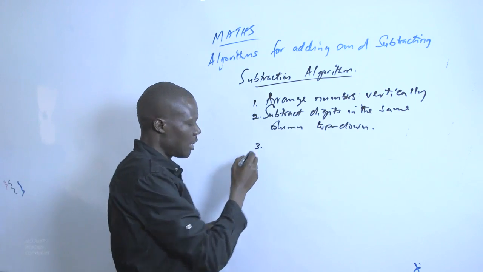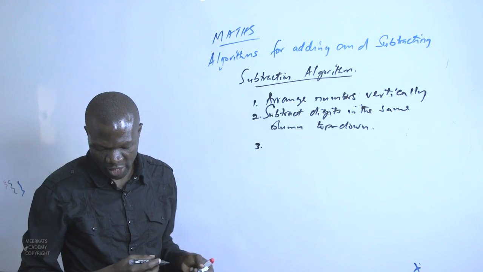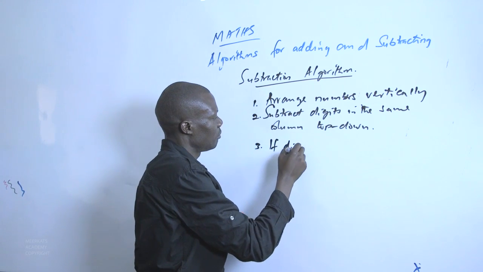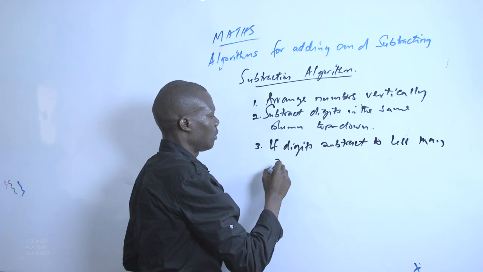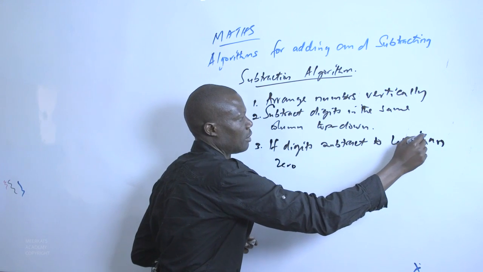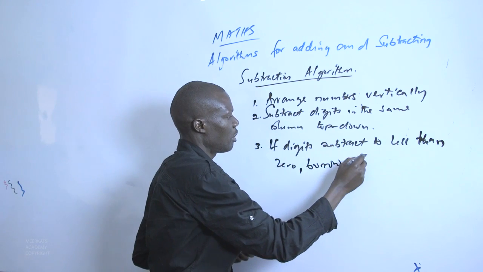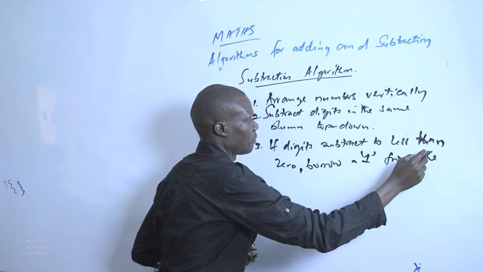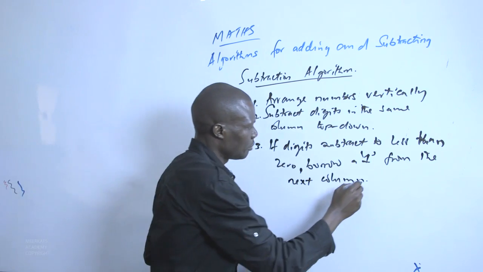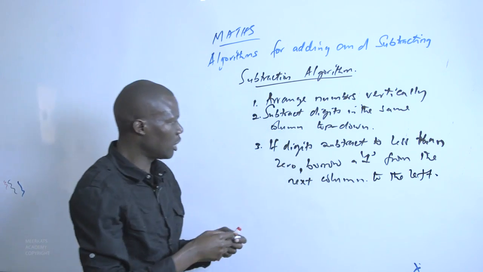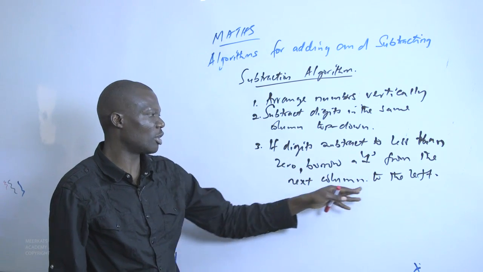And then the third and last step of subtraction algorithm is if the digits subtract to less than 0, we borrow a 1 from the next column to the left.